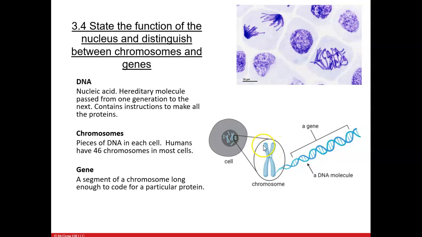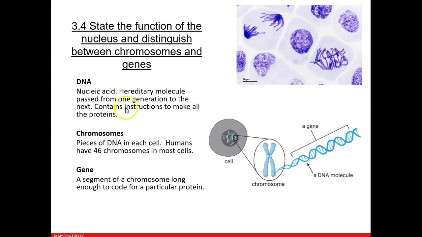So one chromosome can have enough genes to make 1,000 different proteins. Okay, so if the DNA has the instructions on how to make all the proteins, then a gene is enough DNA to just encode for one protein, the instructions for one protein.